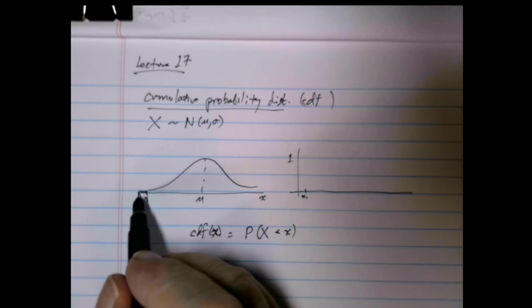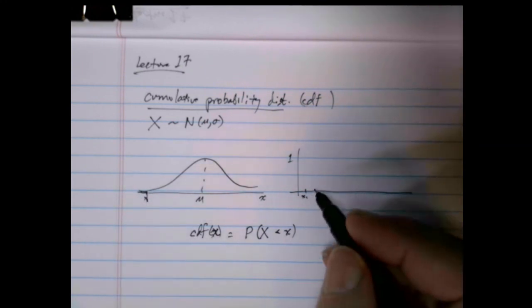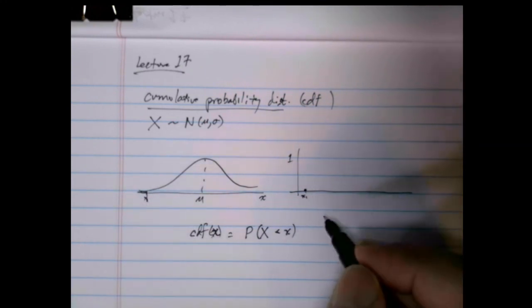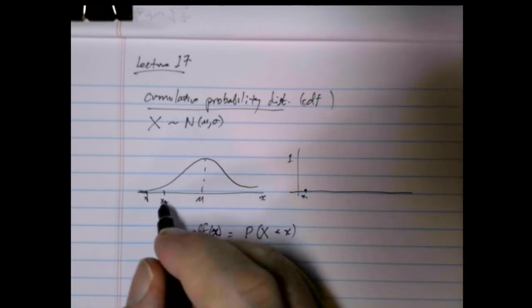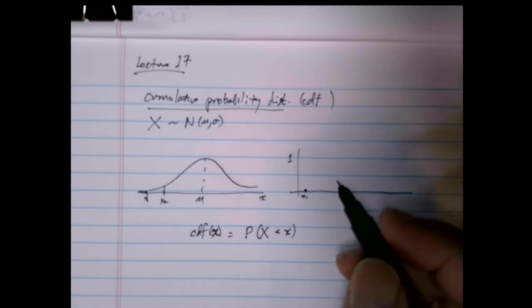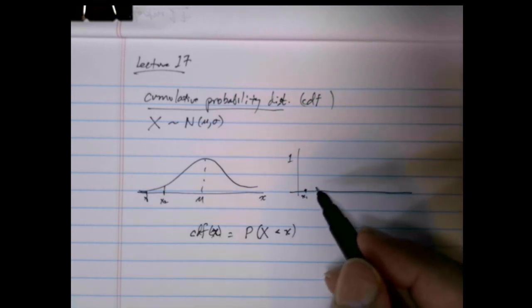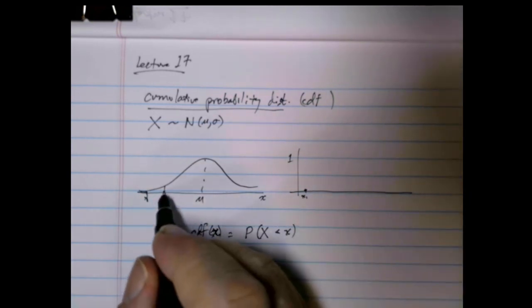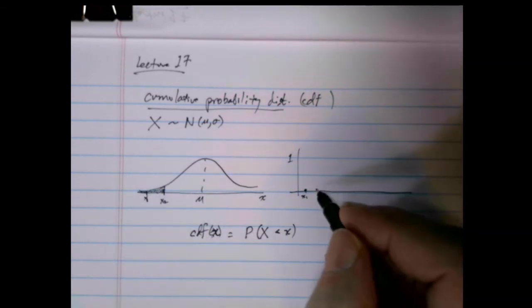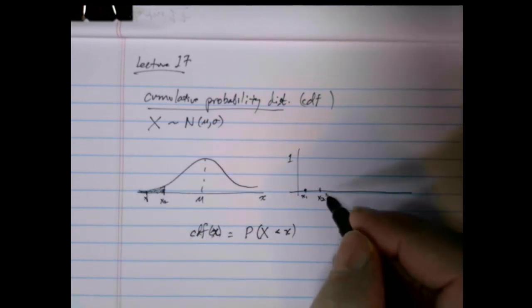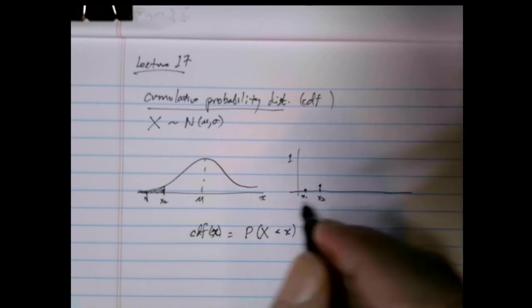Well, it's the area to the left of this little x1 here, so it would be a very small number. Let's say this is x2. Now, what's the y value over here on the CDF? Well, it's going to be the area to the left of x2. At least that's a number you can kind of see. x2, so that maybe would be that.